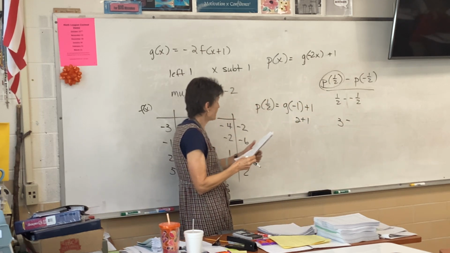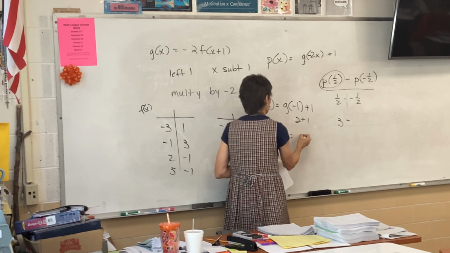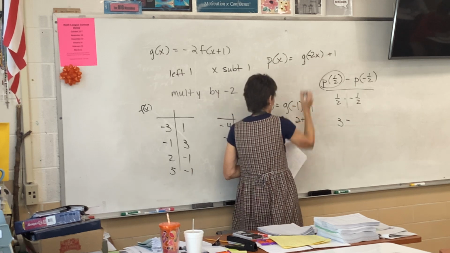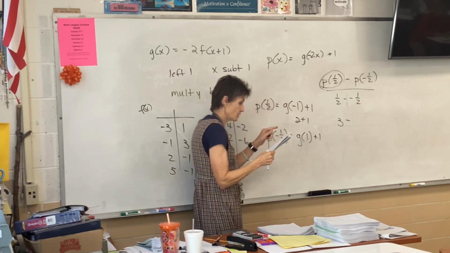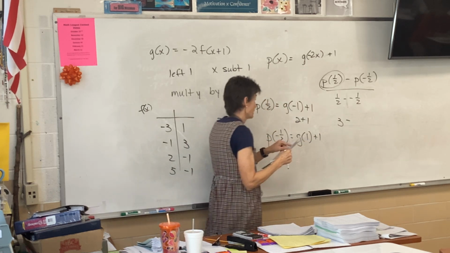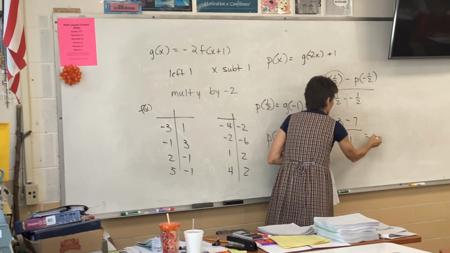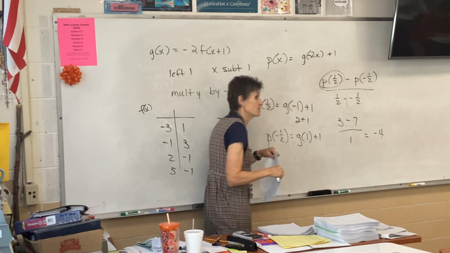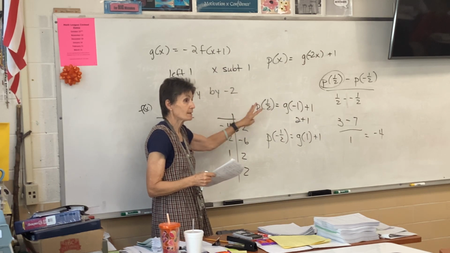All right, and now I gotta find P of negative 1/2. So that'll be g of 1 plus 1. So g of 1 is 6, plus 1 is 7. So it looks like my average rate of change is negative 4.